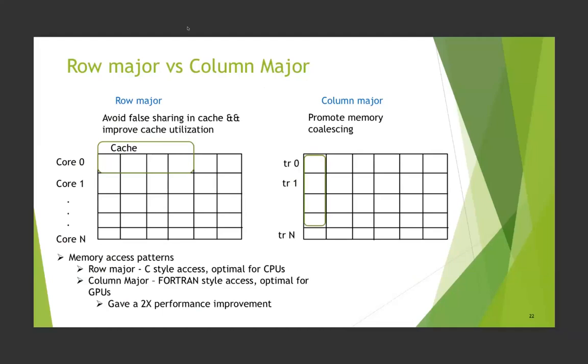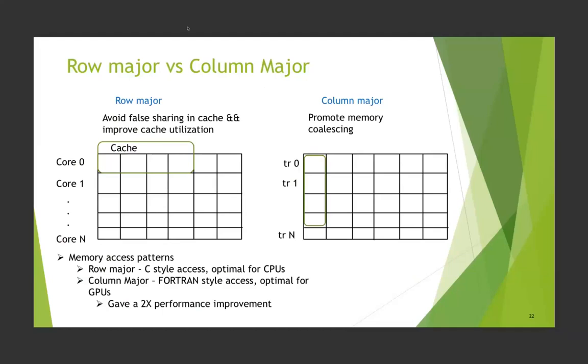But on the right side, we want that on GPUs, because the way GPUs work is that there are generally 32 threads within a GPU warp inside a thread block, and all the 32 threads perform the same instruction in one clock cycle.